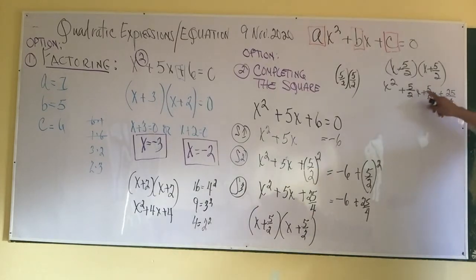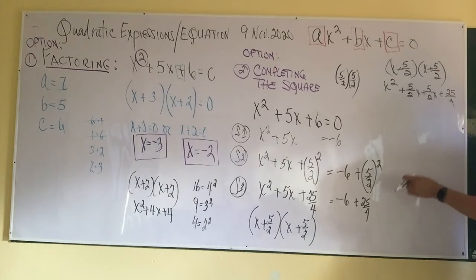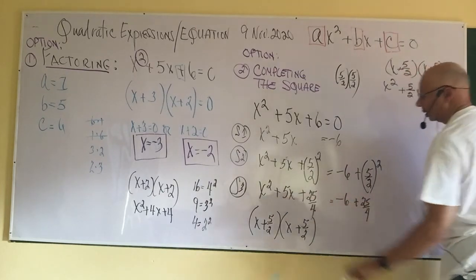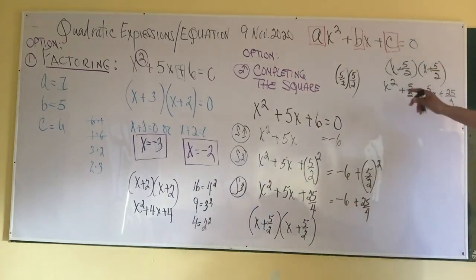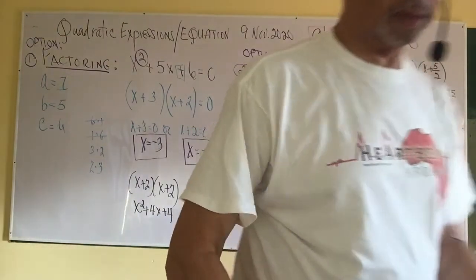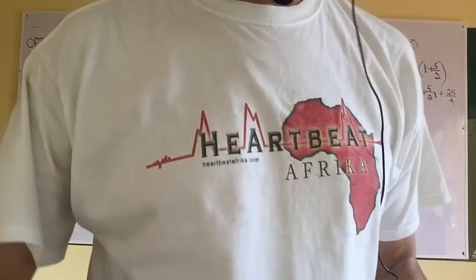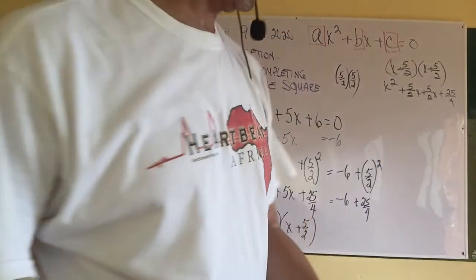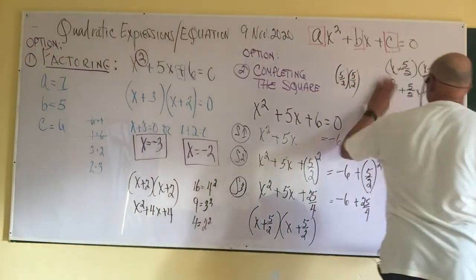So 5 over 2 plus another 5 over 2 is 10 over 2, if I just add these fractions. And 10 over 2 is 5x. So I'm right back to this. If you work that out, you can see how it would look. We'll do another one if we have time today. If we don't, we will come back and do it. So I'm going to erase this for right now.